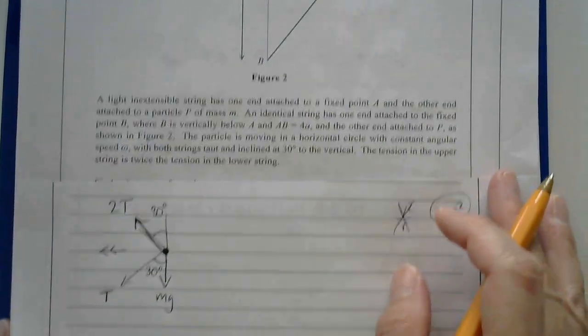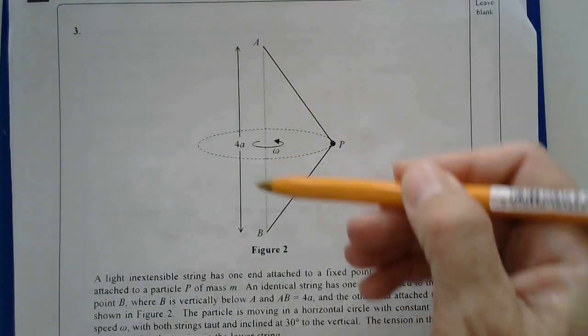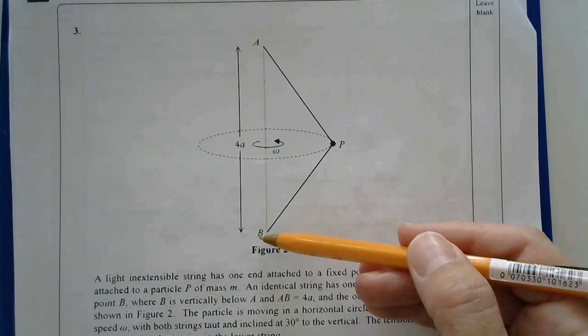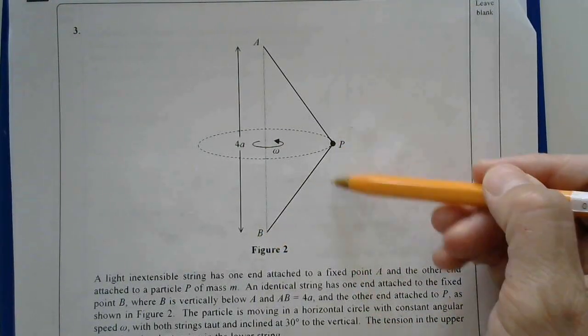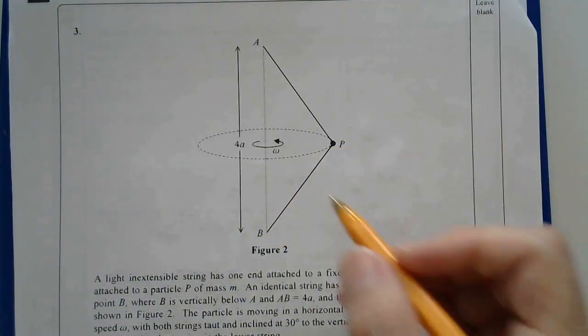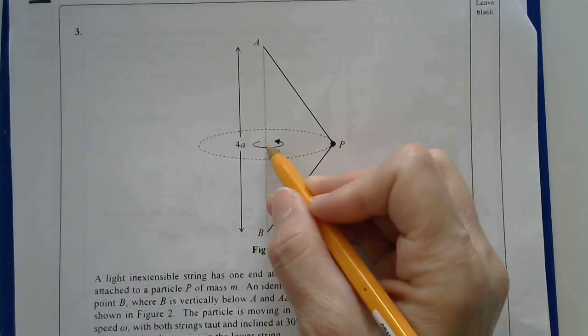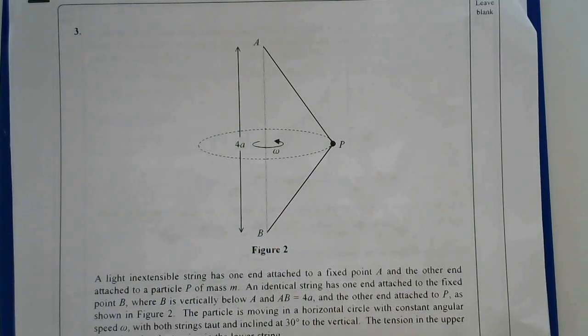I know that the distance from A to B is 4a, and I know that this string is identical to this one and the angles are the same, so the height from the center of this circle to the bottom is 2a.